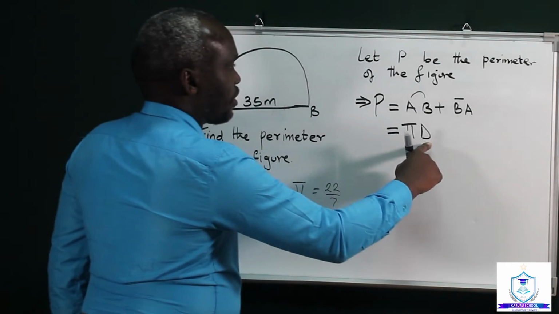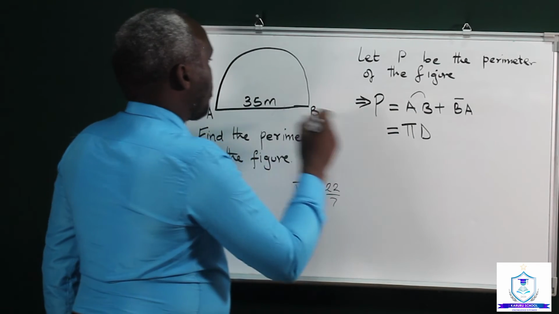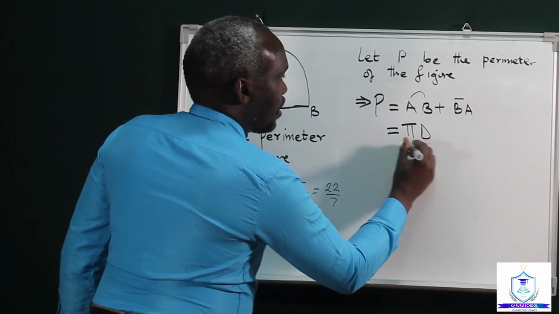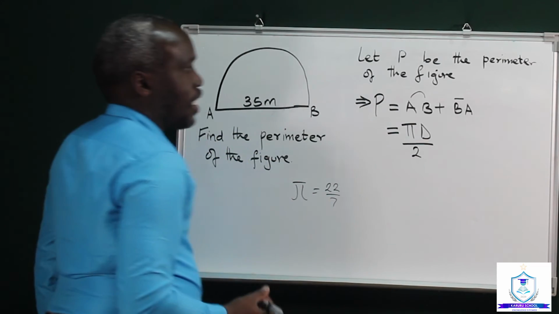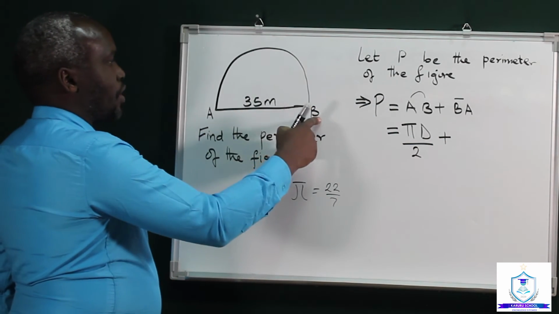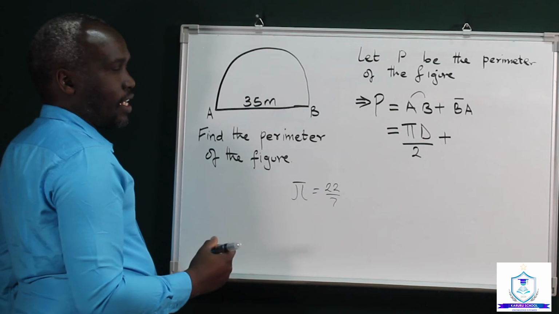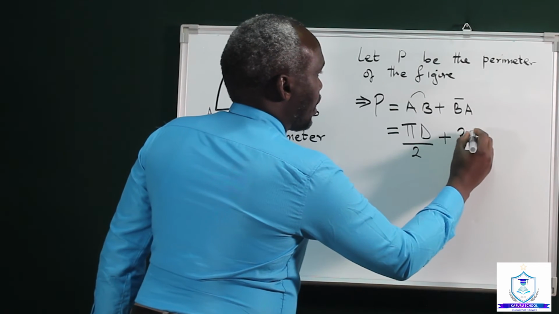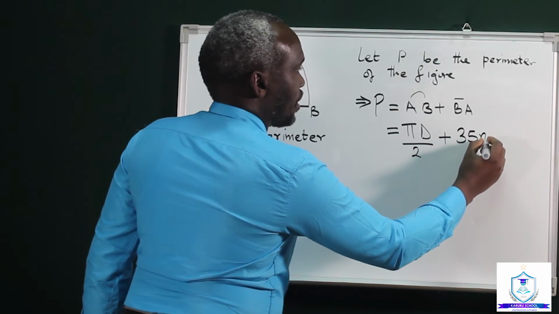Once we have substituted this formula, notice that this is a semicircle, so we will need to divide this by 2, and then you add the distance from B to A through the straight line, which in this case is the diameter, so we add here 35 meters.